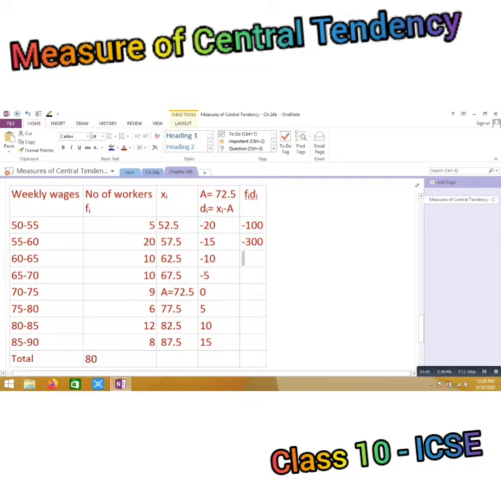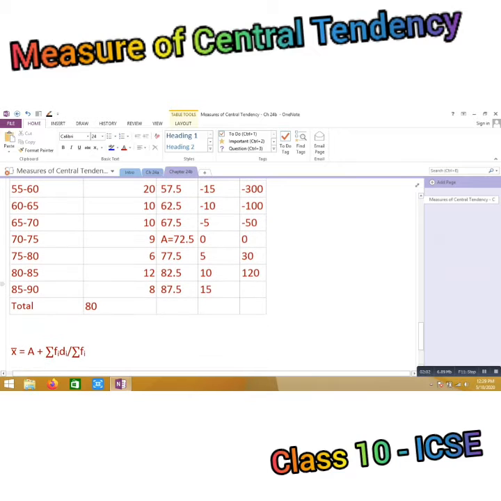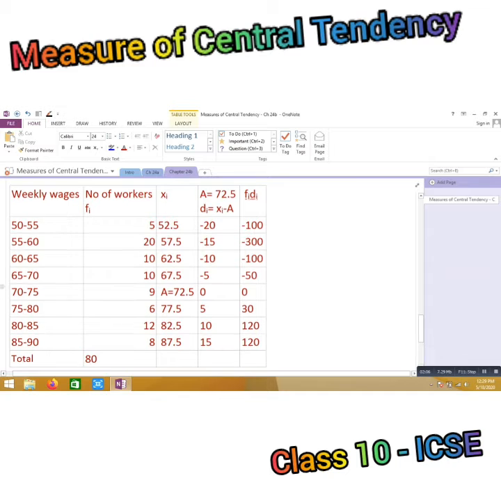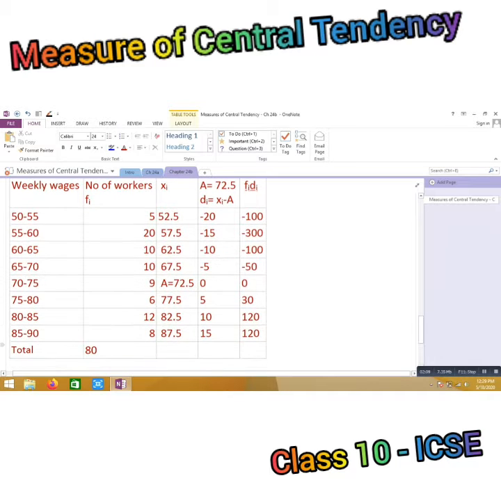Next minus 100. Next it's minus 50. Minus 5 into 10 is minus 50. Then 9 into 0 is 0. 6 into 5 is 30. 10, 12 times is 120. And 15 into 8, again 120. We need to find the total for that column, that is minus 280.